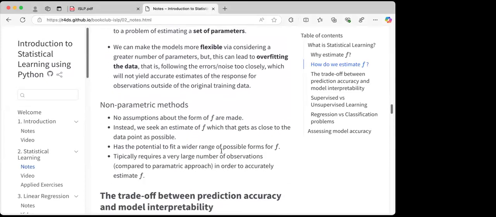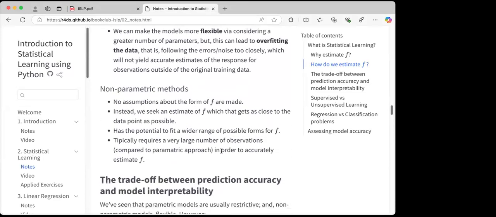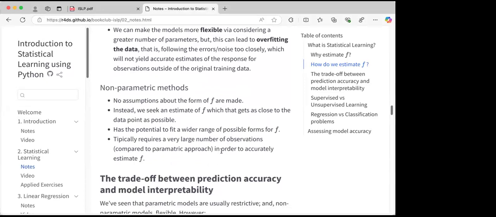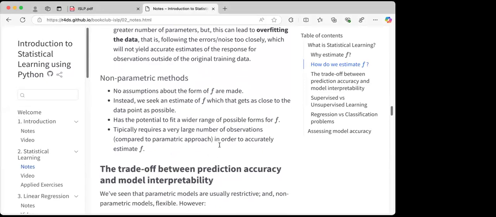While in the non-parametric method, we don't make any assumption about the functional form of F. We just take it as it is. Instead we seek an estimator of F which gets as close to the data points as possible.